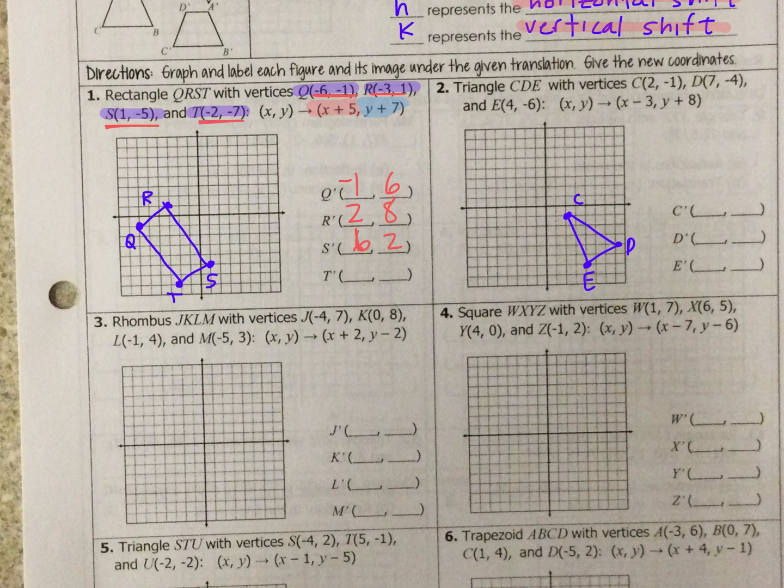The last one, it's a (-2, -7). So to the -2, I'm going to add 5. That gives me a 3. To the -7, I'm going to add 7. That gives me a 0. All right, so these are the new coordinates I have for my slide. So now I just graphed these. All right, so I slid my purple over to the red, and so that's my translation. So that's one way to do it.